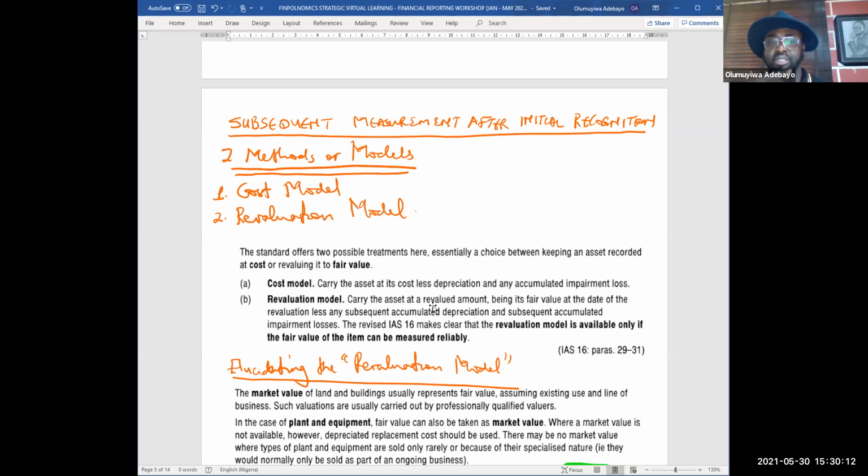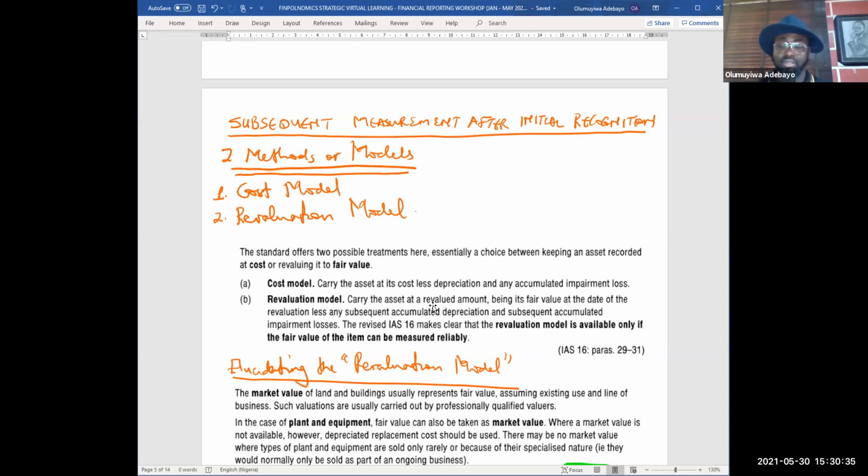It is also expected that it should be done not later than 3 to 5 years if the entity does not experience any material movement based on the market value as compared to the carrying amount.